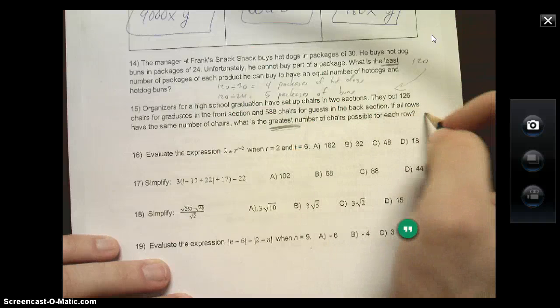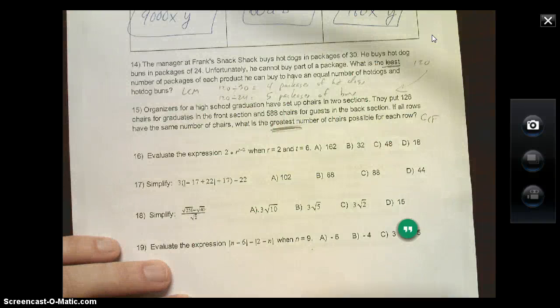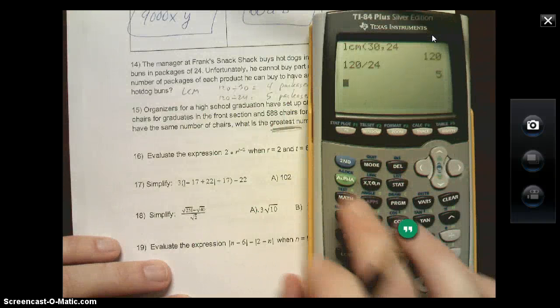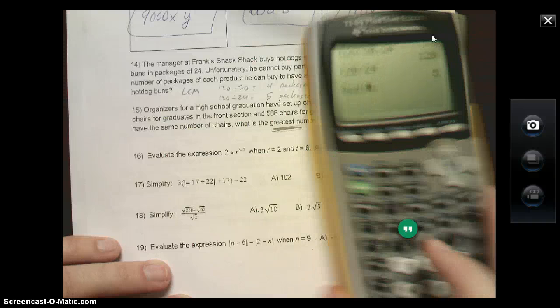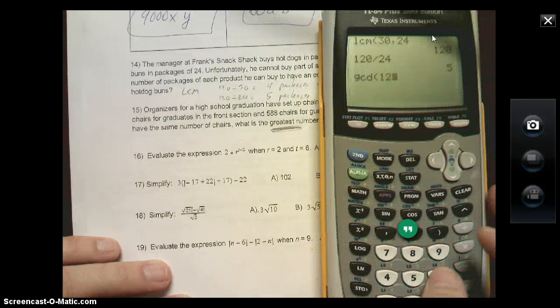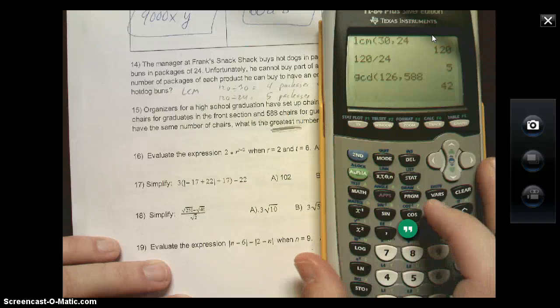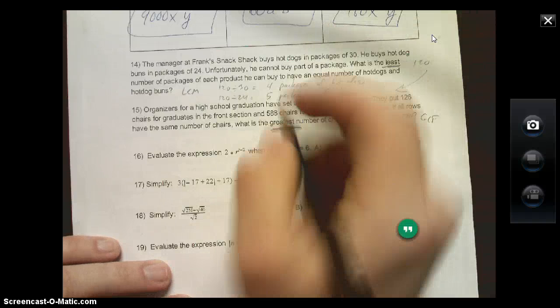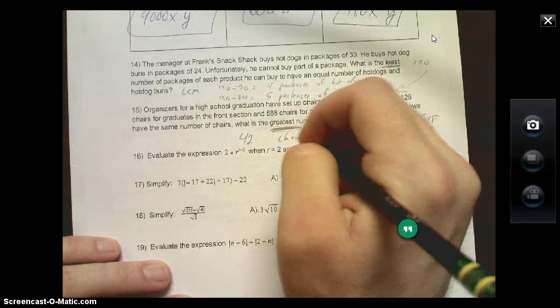This is your GCF. Should probably label LCM up here. So I'm trying to find the GCF, math number down to 9, I believe, GCD of 126, comma 588, and we get 42. Okay, so 42 chairs for each row.